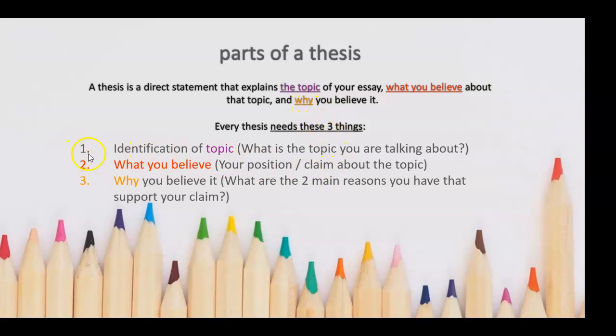So 3 simple things: the topic. What is the topic you're talking about? What you believe, which is your position or your claim about the topic, and why you believe it. And for this thesis statement and this essay, I only need you to give me 2 main reasons that you have to support your claim or your position on the topic. So topic, your position on the topic, and 2 reasons why you chose that position.